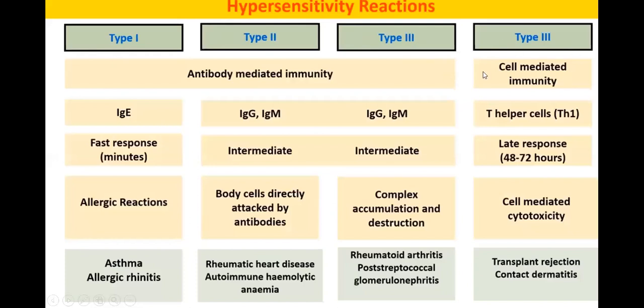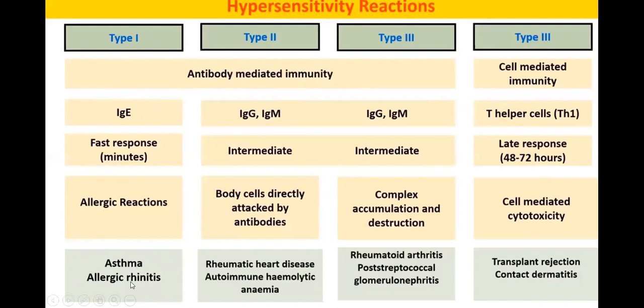Type 4 is called cell mediated, T cell mediated response. But 1, 2, 3 are antibody mediated responses. Type 1 is a fast response, an immediate response, a very fast allergic reaction within a few minutes, and it is mediated by antibody IgE. We will see what mechanism happens in the next class.